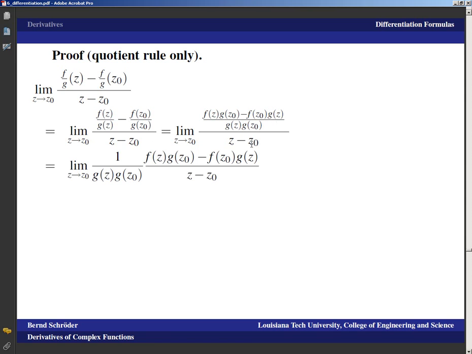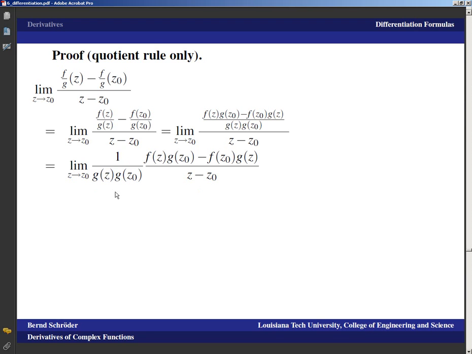And then we can go ahead and multiply with the reciprocal of z minus z0. I want to pull the g(z) times g(z0) out, so I end up with the limit as z goes to z0 of 1 over g(z) g(z0), times [f(z) g(z0) minus f(z0) g(z)] divided by z minus z0. That's just straight simplification.